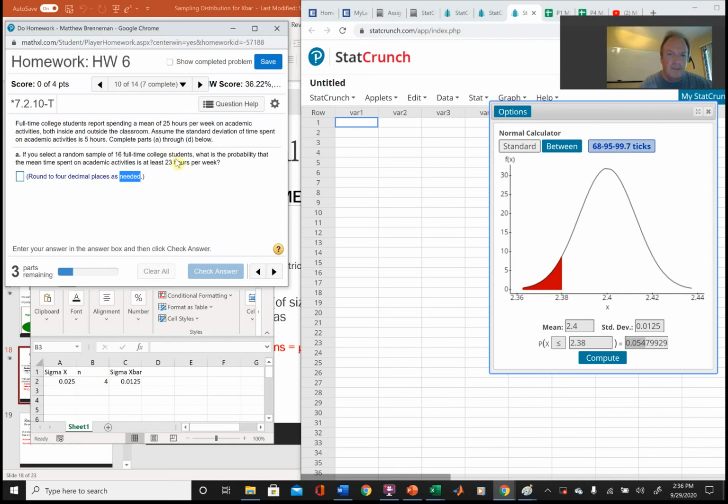And this is really the same sort of thing. This is the population mean of the variable. This is the standard deviation of the variable, and you're going to use n as 16 to recalculate the standard deviation of x bar, and then put in this mean, this standard deviation, and this value. And you're going to have to change that to greater than because they want at least.